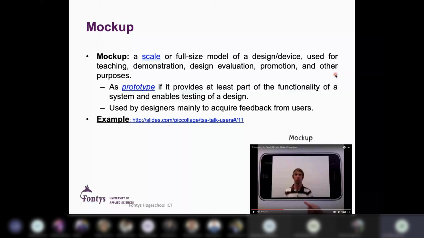But remember, mockup means already full of colors. The hierarchical information should be there already, meaning the font size of the content, for example. The images are already there, so it's very realistic or close to the final presentation of your final product.